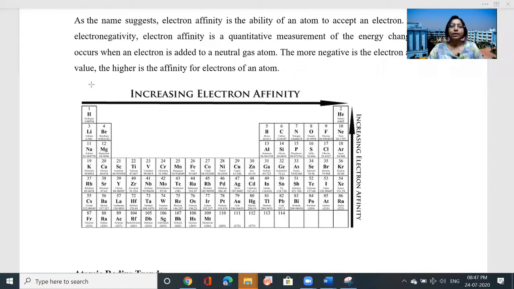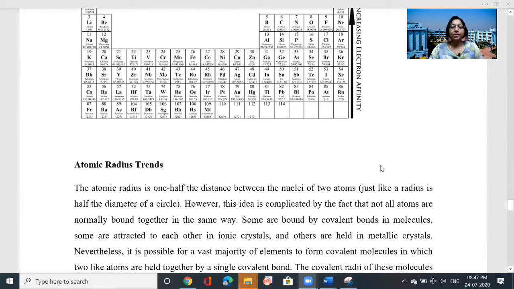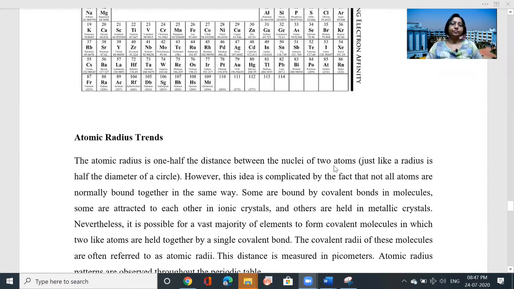Here, left to right is the increasing electron affinity, and bottom to top is also the increasing trend of electron affinity. So in this way, we can predict the properties, either electronegativity or electron affinity.